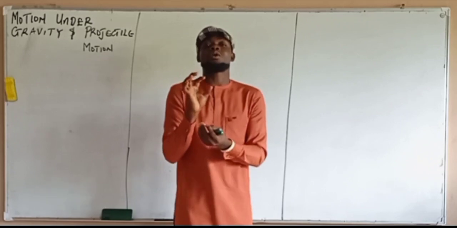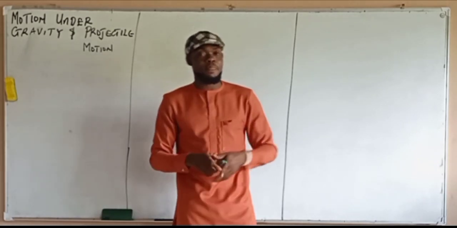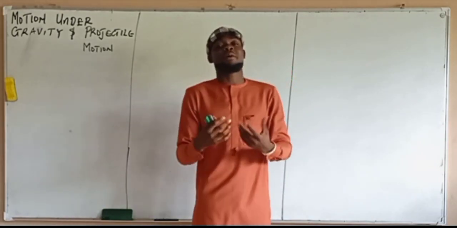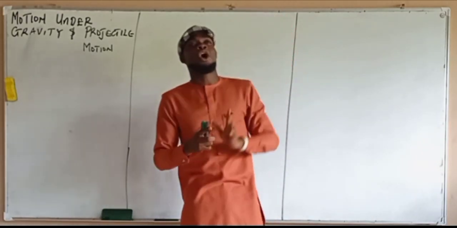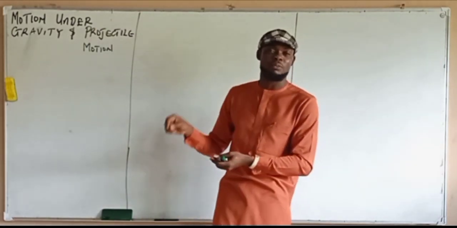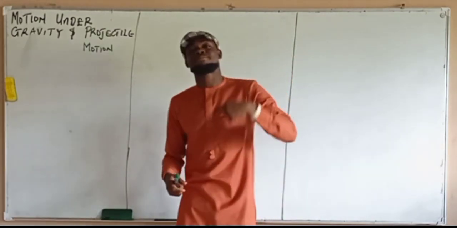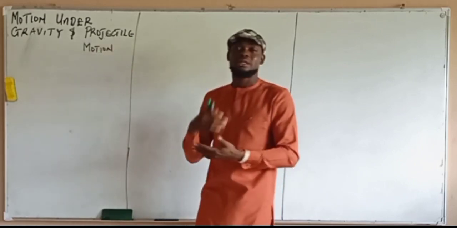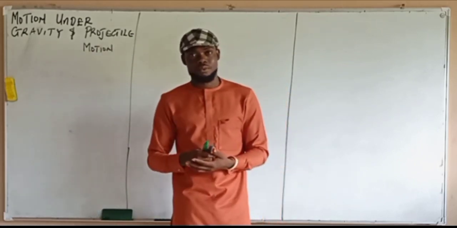We are going to be looking at two types of this motion: the motion of a body that is thrown or projected vertically upward, and the motion of an object that is projected at a particular angle. That is what we call the projectile motion.